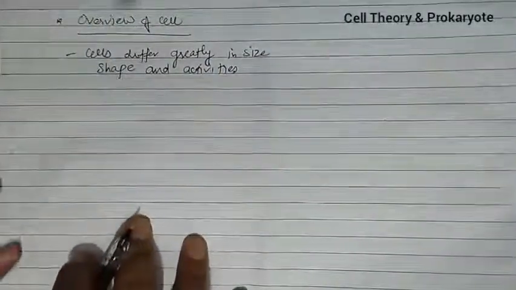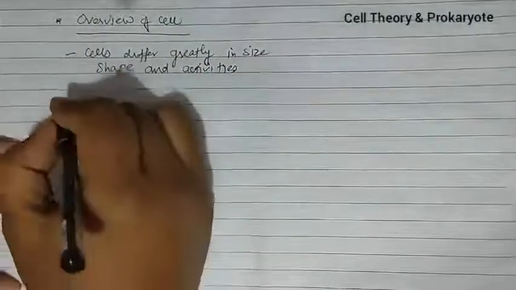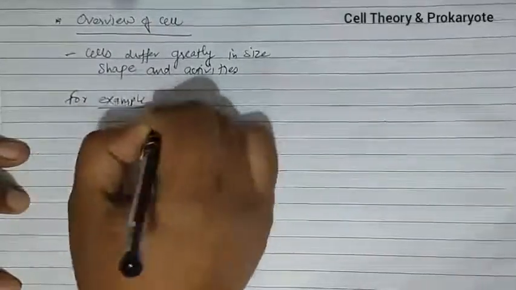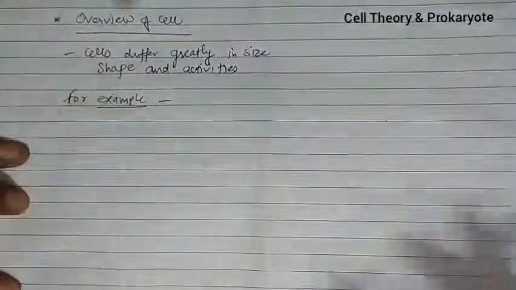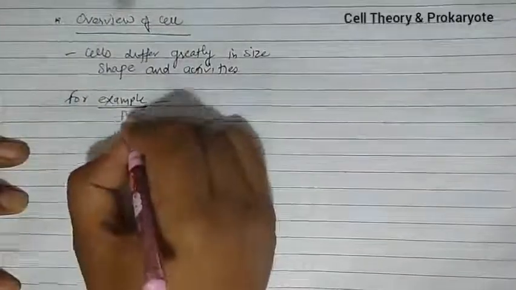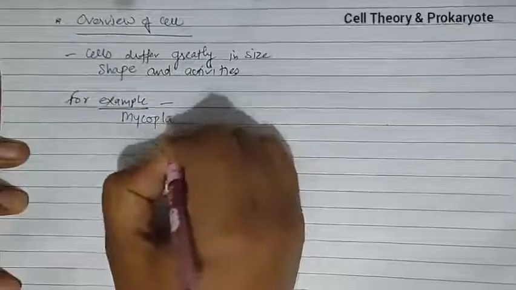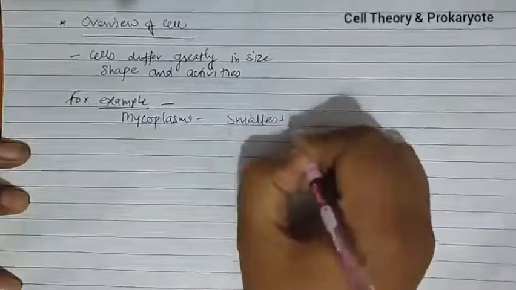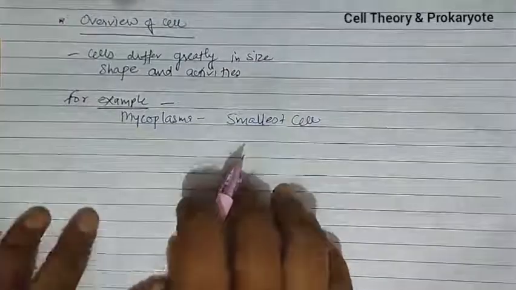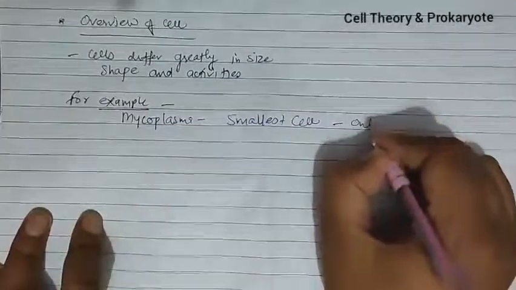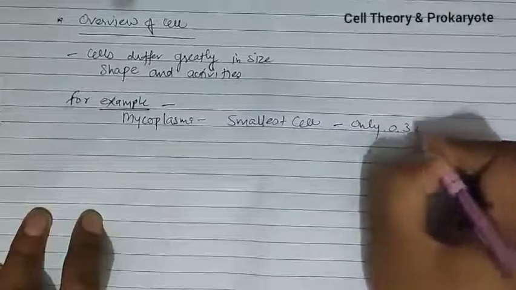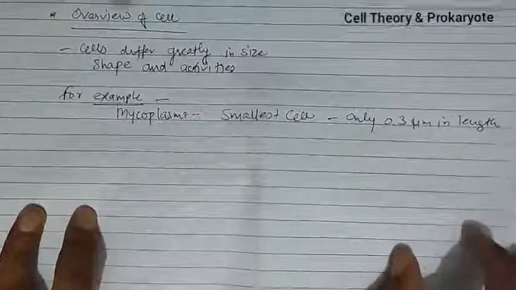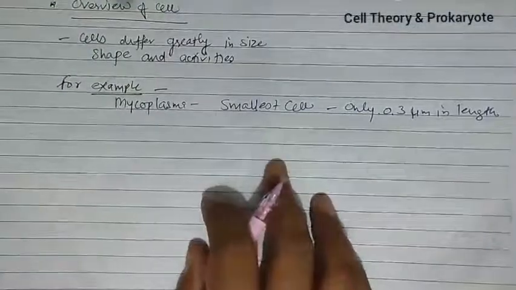For example, mycoplasma is the smallest cell and it is only 0.3 micrometer in length.